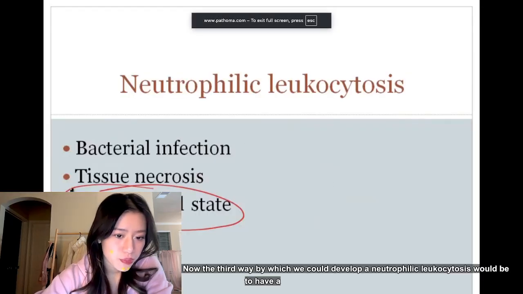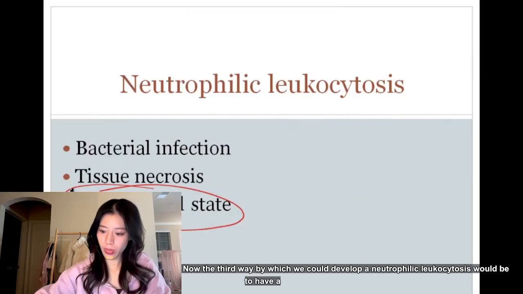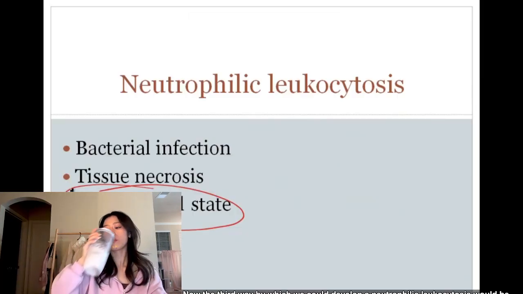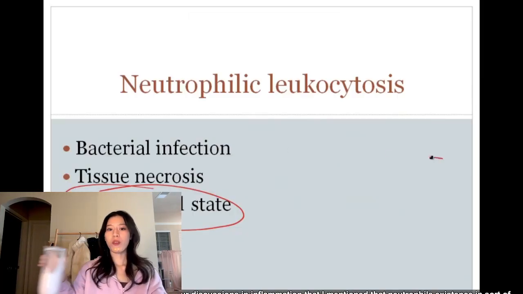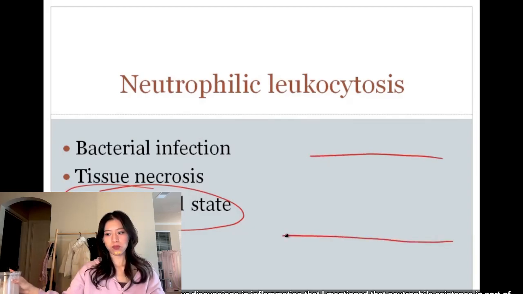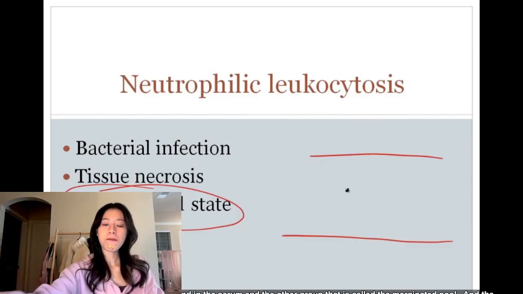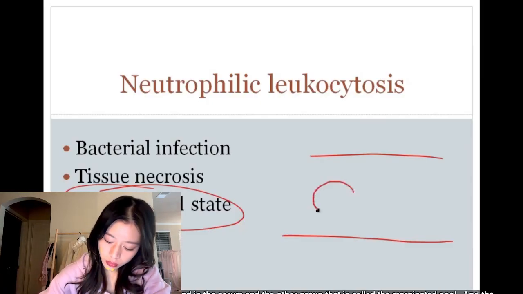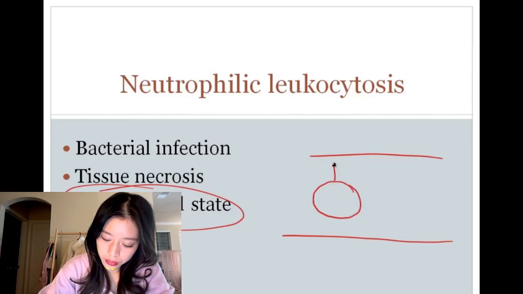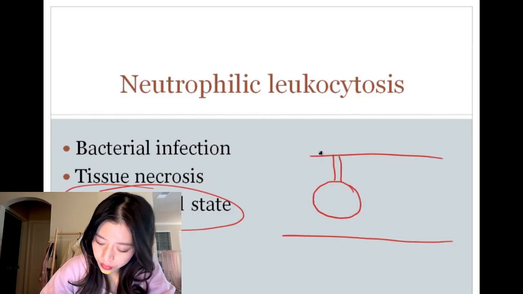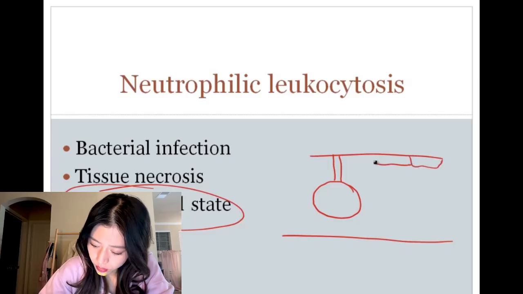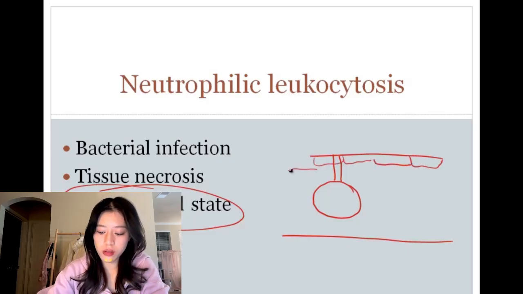Probably. Now, the third way by which we could develop a neutrophilic leukocytosis would be to have a high cortisol state. Now, remember from our discussions in inflammation that neutrophils exist in sort of two groups. One group that's floating around in the serum, and the other group that is called the marginated pool. And the marginated pool basically sits in the blood vessels, but is stuck to the endothelium, or the lining of the pulmonary vasculature, the vessels in the lung.